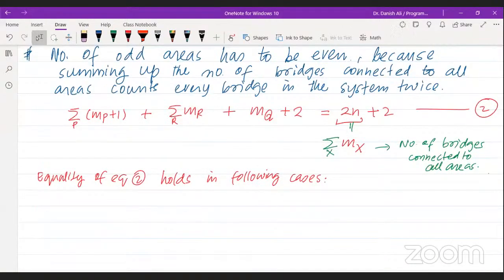Okay, so what are those cases? What do you think? Number one.